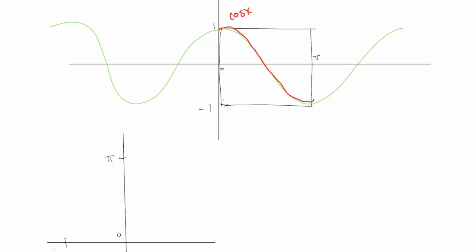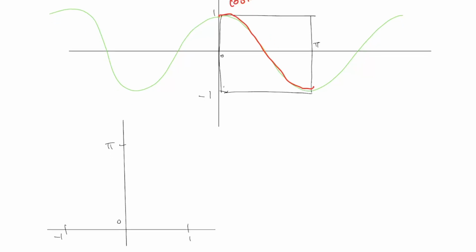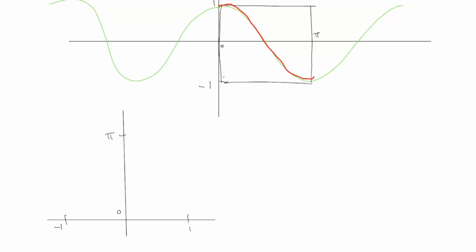My x values are going to go from -1 to 1. And the curve has that same kind of curvaceousness to it, but it's sort of opposite. So it begins like this.